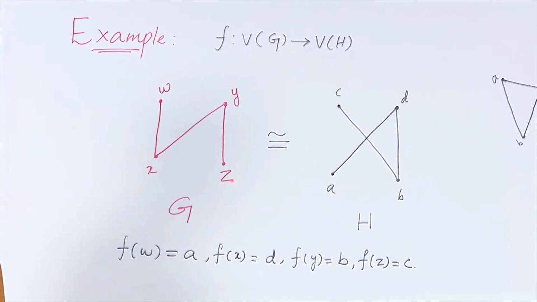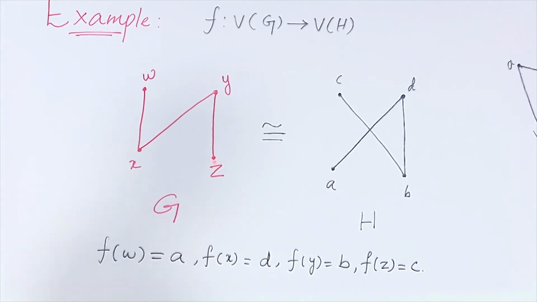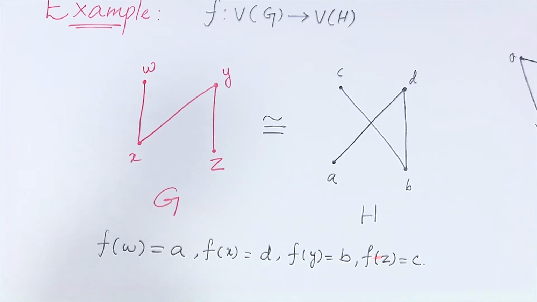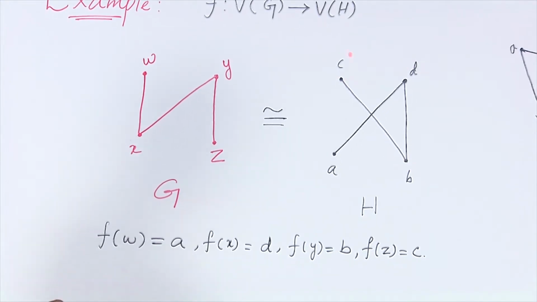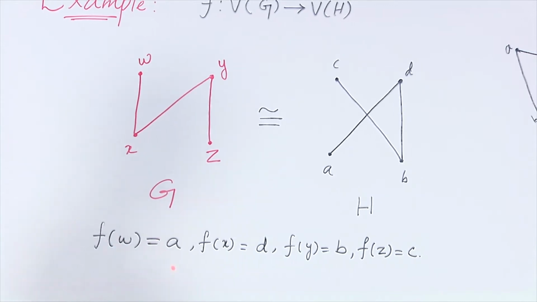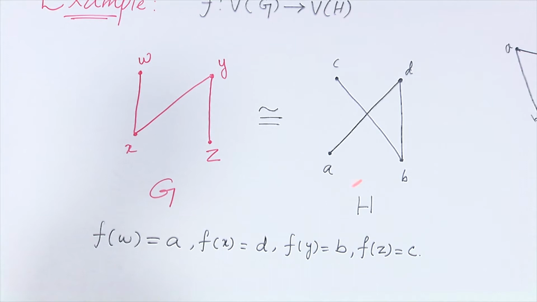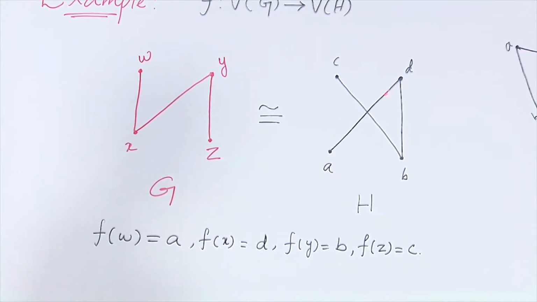Now, you can see that zy is an edge here, which means that bc should be an edge here. Clearly, bc is an edge here, and also wx is an edge here. So, wx means ad should be an edge here, because w is mapped onto a and x is mapped onto d, and this is also true.